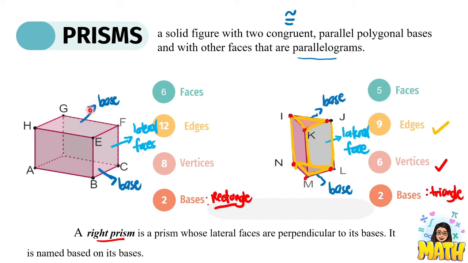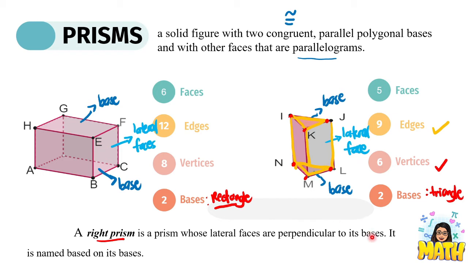Sa first prism, masasabi nating right prism ito dahil ang kanyang mga lateral faces ay perpendicular sa kanyang base or makakapag-form ng 90 degree yung lateral face with the base. While for the next prism, medyo slanted ito at kapag ang lateral face nito ay hindi makakapag-form ng 90 degree with the base, hindi siya matatawag na right prism.